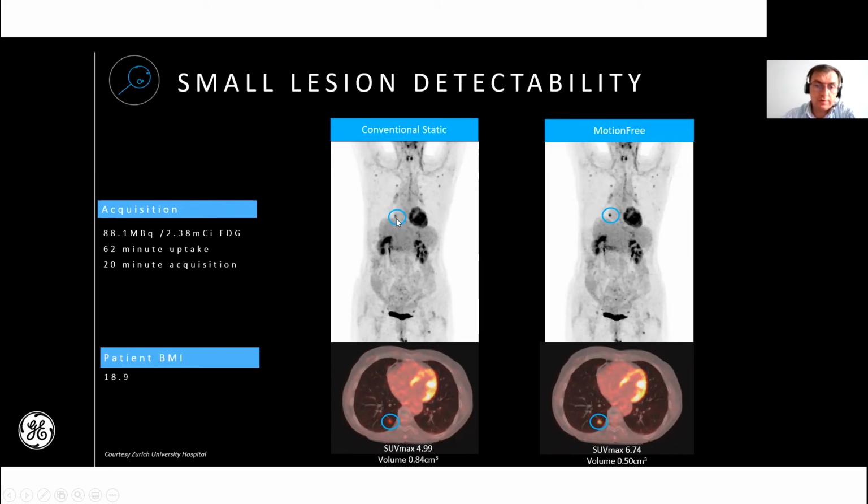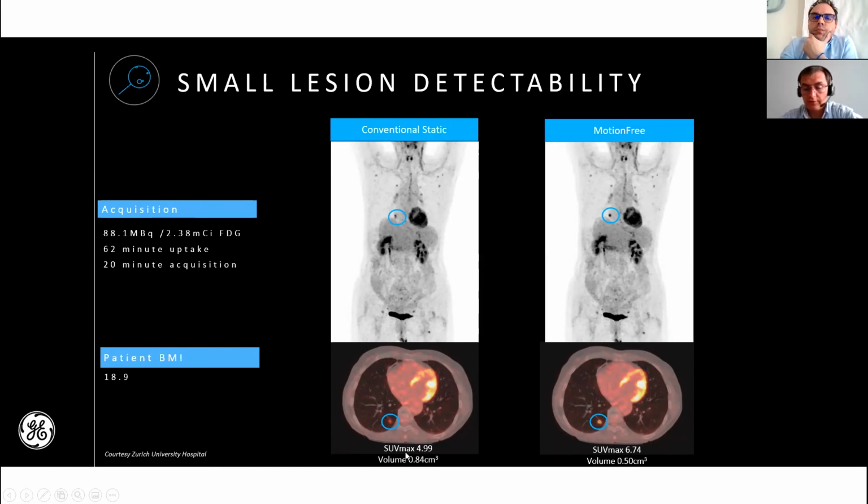Is it in the lower lung or in the upper liver? And on the right-hand side image, of course, that is clearly seen. That location is very well defined, and here we could see on the actual fused image how accurate it is and how well the lesion is seen.